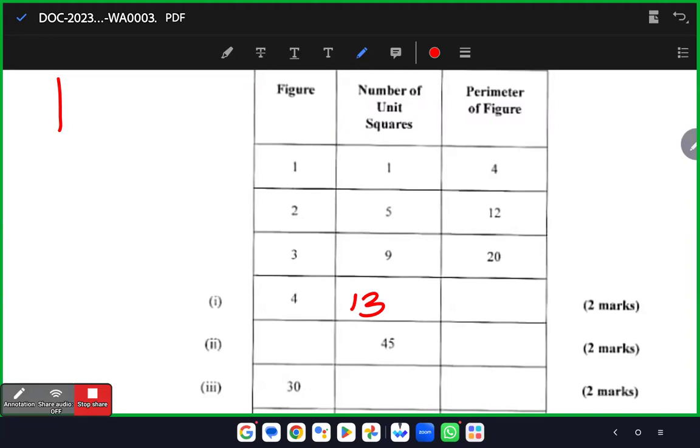So each time you're going up by 8. So in the question here, we would be going up to 28. So from 20 to 28. Now we have this thing here where we have 45 here. Now, there are several ways that we can look at this, but I'm going to look at it in a methodical way. All right.